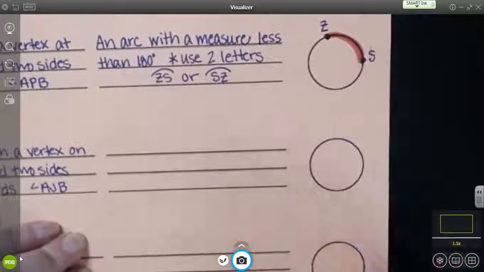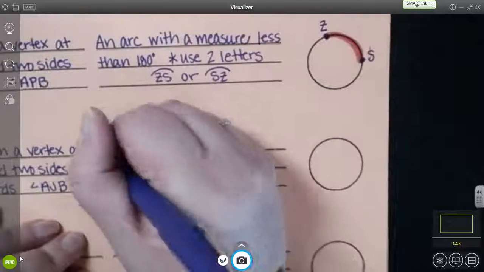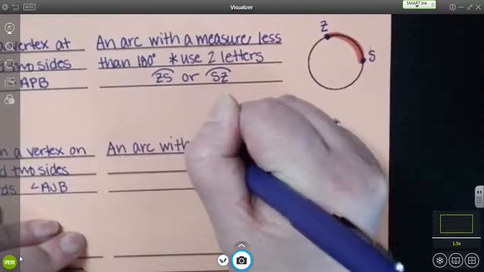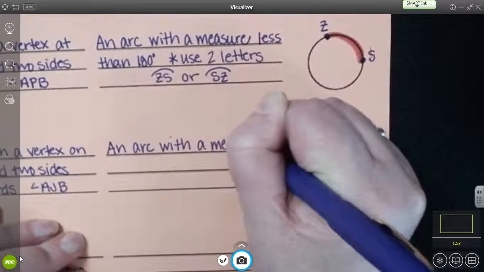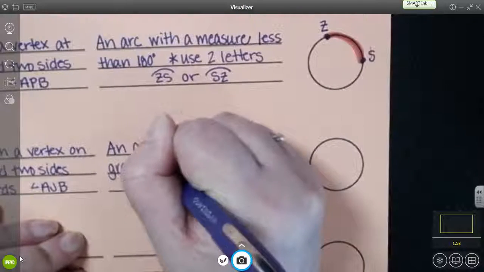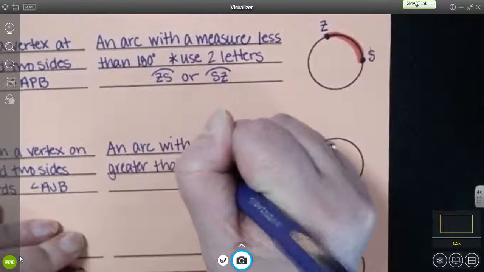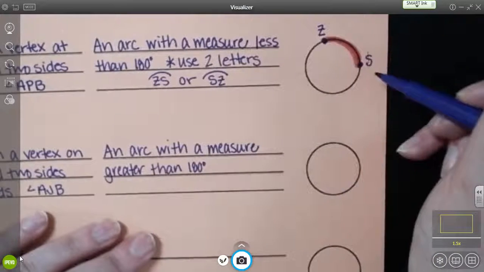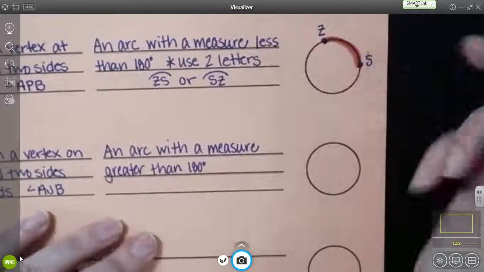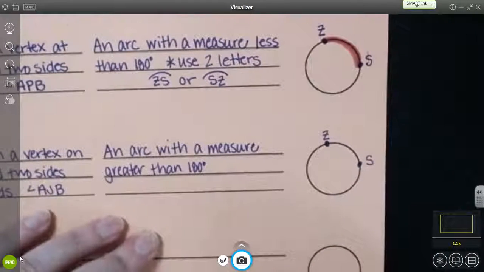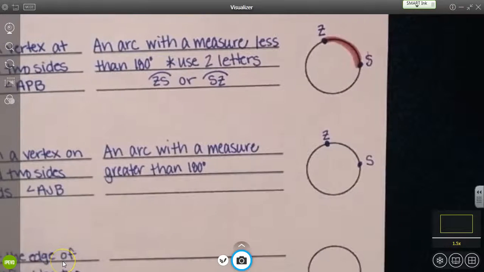So if that's a minor arc, what do you think a major arc is? Greater than 180, right? So an arc with a measure greater than 180 degrees. Okay, so let's still take the same endpoints that we did up above with our minor arc, Z and S. But if I want this to be a major arc, which way do I have to go from Z to S?